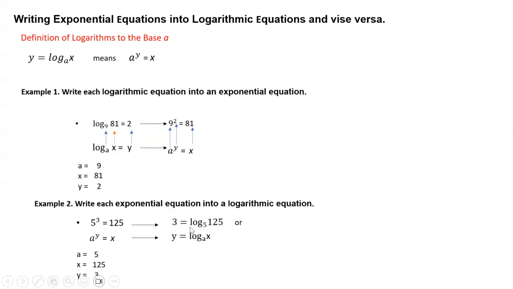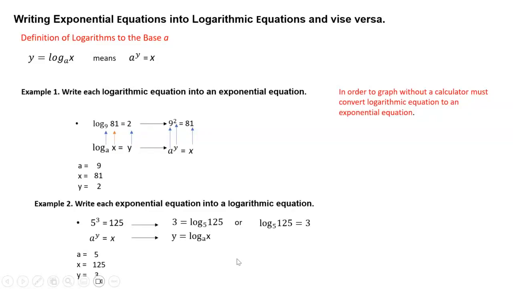This can be written in either format. If you want, we can put log base 5 of 125 equals 3. These are the same thing, they're equivalent. Now, why is this crucial? Because in order to graph without a calculator, you must convert logarithmic equations into an exponential equation. So I'm going to graph one of each, one exponential and one logarithmic, and then we'll start what was covered this week.